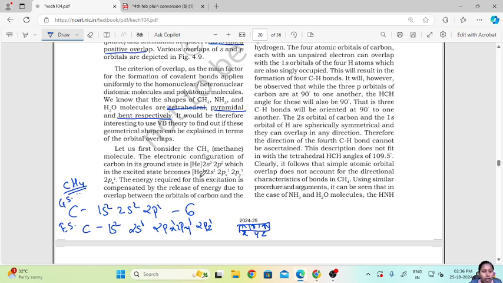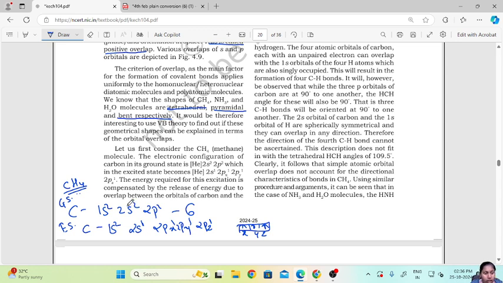The energy required for this excitation is compensated by the release of energy due to overlap between the orbitals of the carbon. When carbon overlaps with any other atom, whatever energy is released compensates for the energy required to transfer 1 electron from the s orbital to the p orbital.